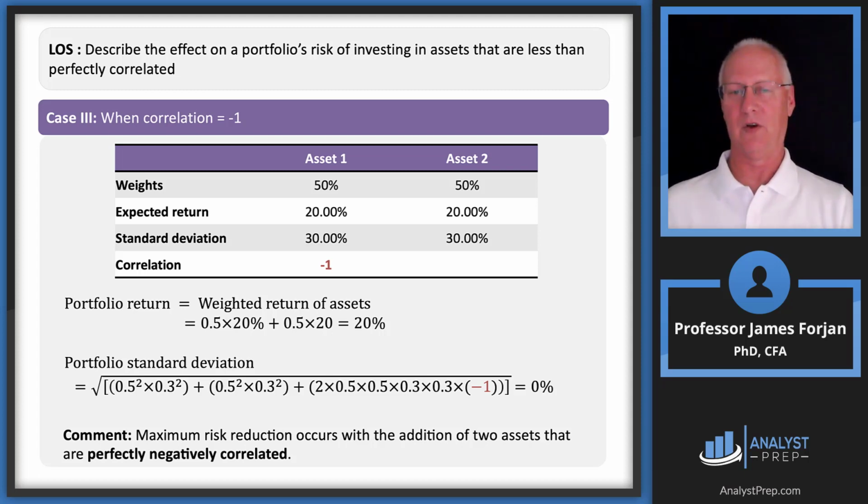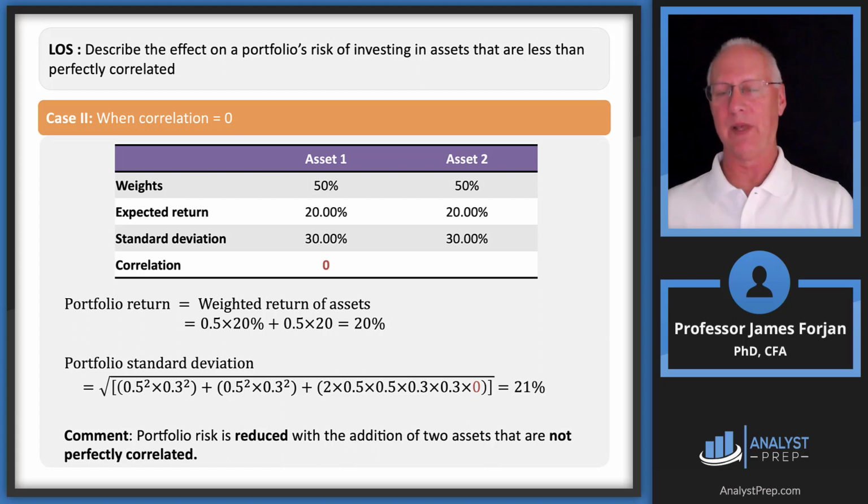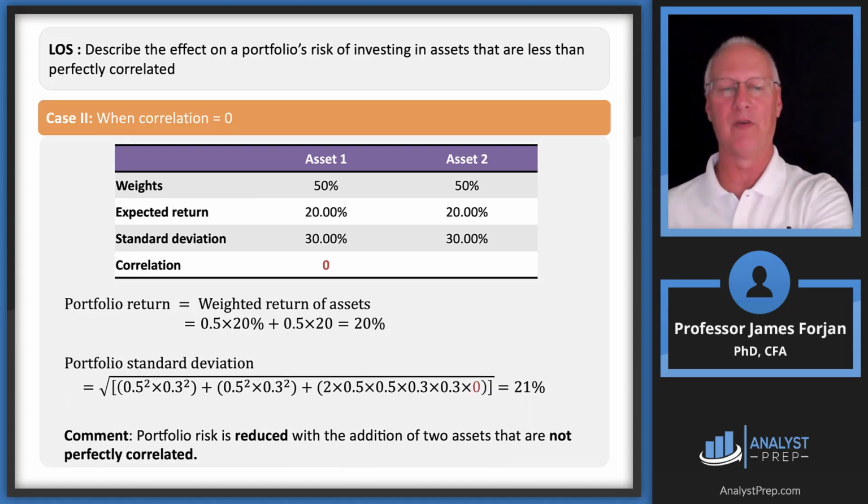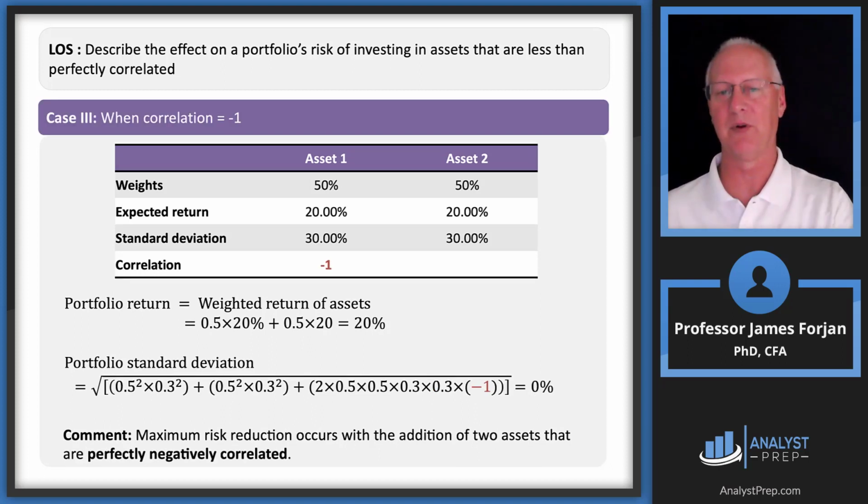Wow. And so if we had a bunch of slides in between where the correlation coefficient was a -0.1 and a -0.3 and a -0.5 and -0.6, et cetera, we would go from a standard deviation of 21% to 18% to 14% to 6%, all the way down to 0%.